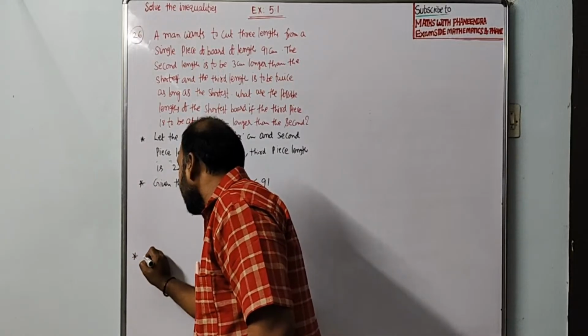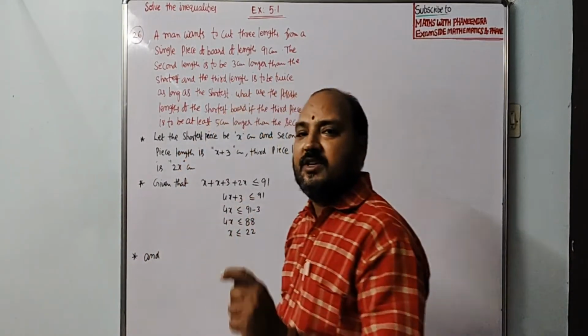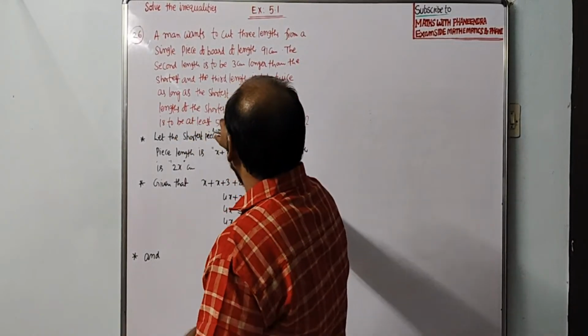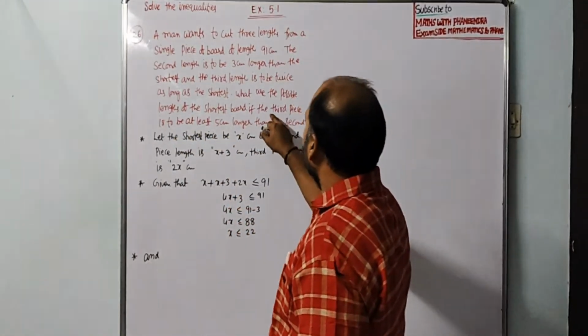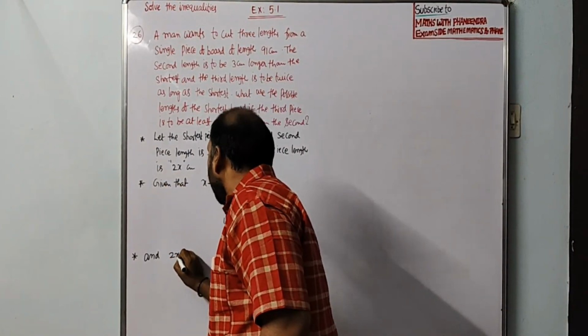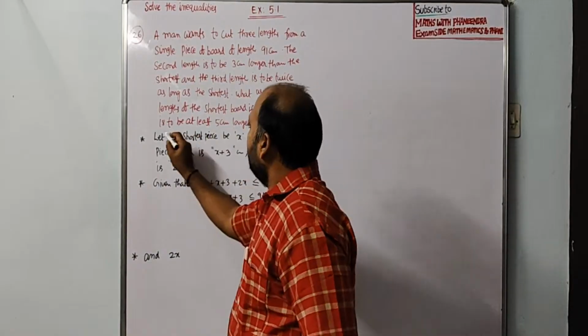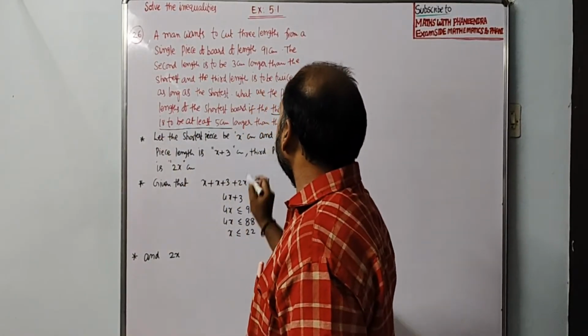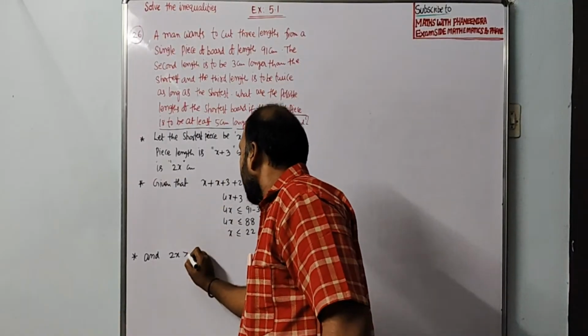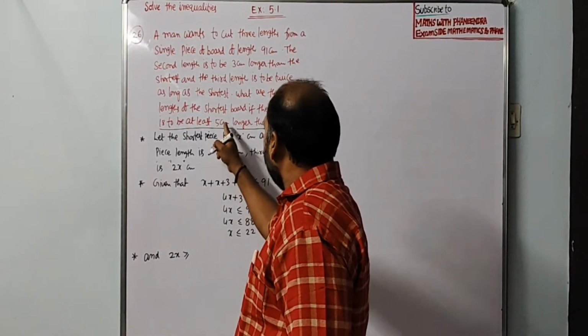And one more information is given. What are the possible lengths of the shortest board if the third piece, that means 2x, is to be at least 5 centimeter longer than the second? At least means greater than or equal to 5 centimeter longer than the second.